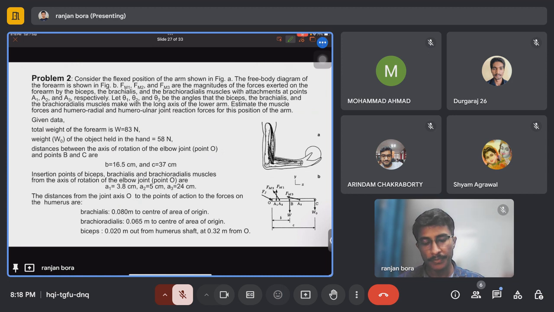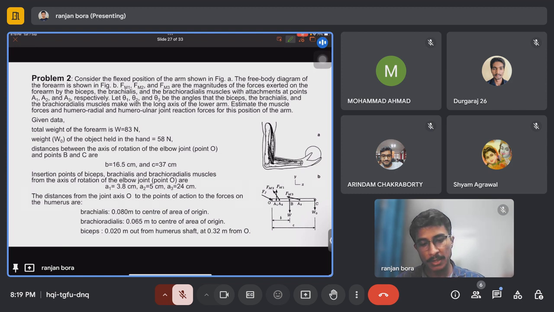Okay, so this is the second problem. A similar problem we solved in our first tutorial, but in that tutorial we were considering only one muscle force.